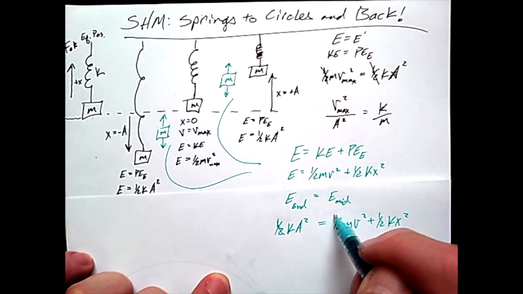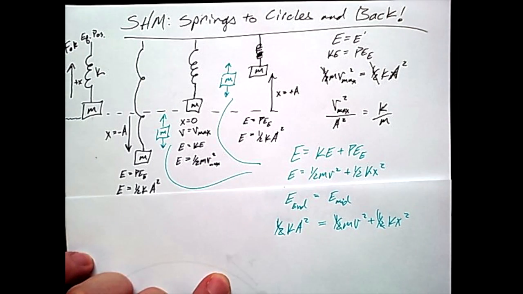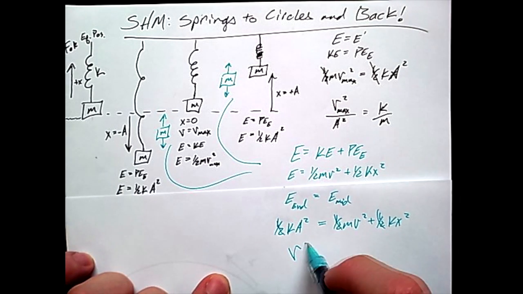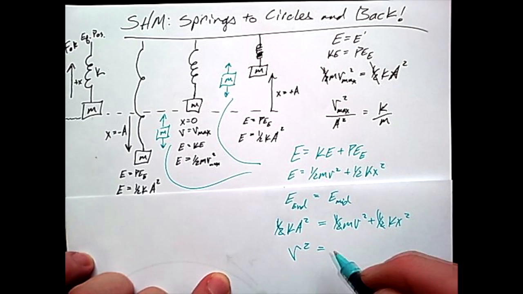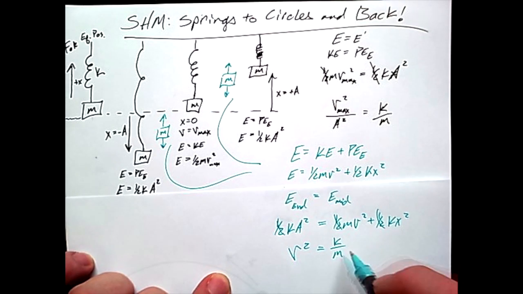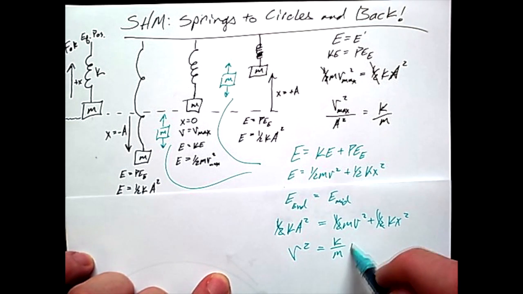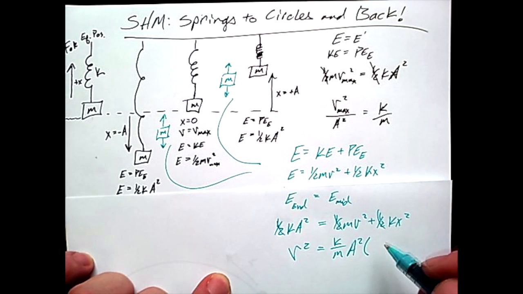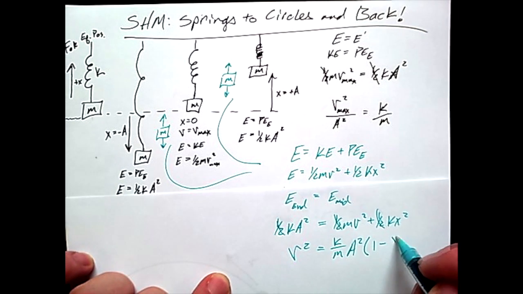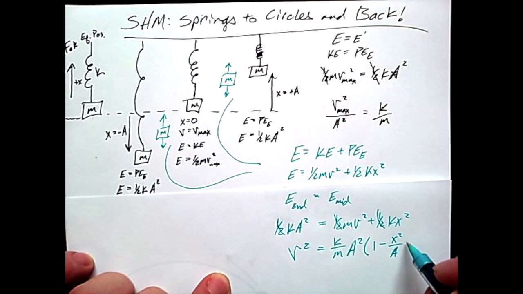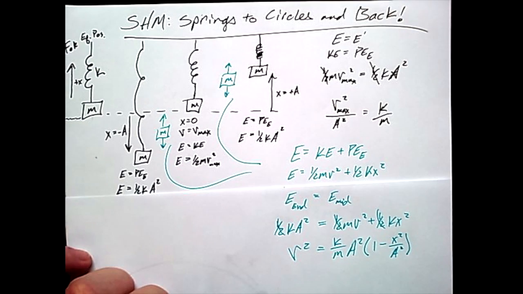Canceling the 1/2s and rearranging, we're able to generate an equation that ends up looking like this: v squared equals k divided by m times a squared times the quantity 1 minus x squared over a squared. This is simply an algebraic rearrangement of this equation solving for v.